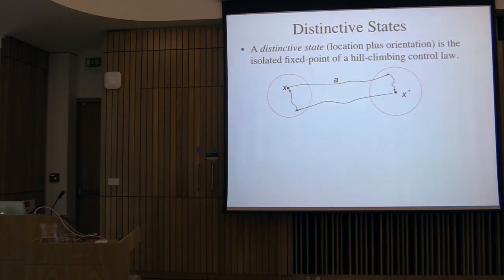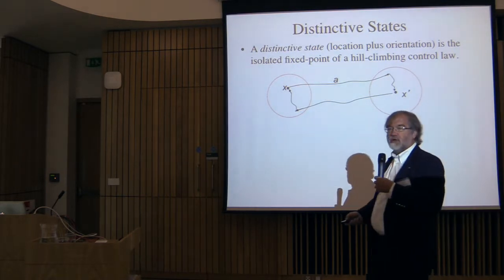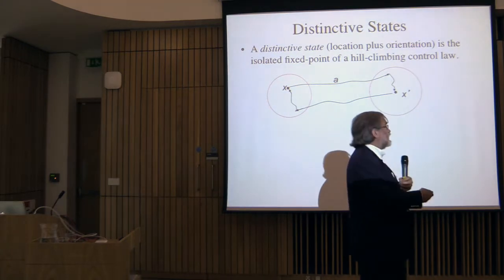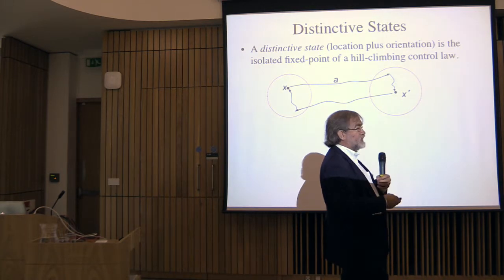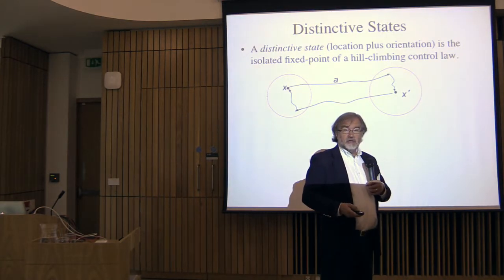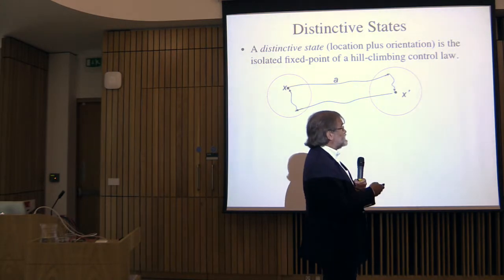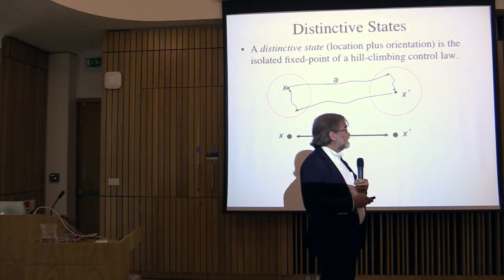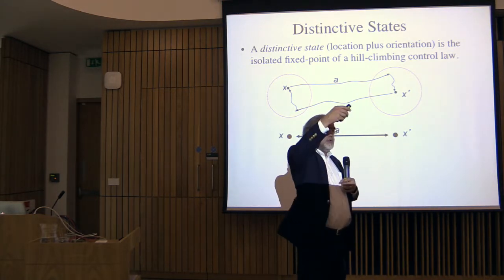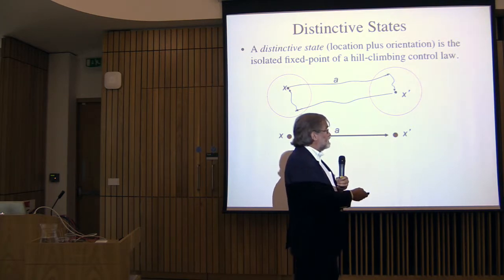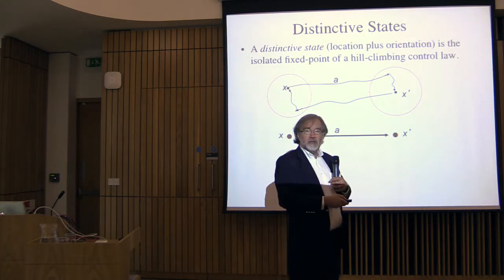So now suppose I want to go back. So now I'm going to follow the right-hand wall for a while. Now, as we see here, there's a certain amount of error. Any action on the part of a robot is going to have some sort of error. I get into this basin of attraction of this distinctive state, and so I hill climb and I get to that distinctive state. Now, once I have that pattern of behavior, that authorizes a kind of abstraction to places. So now I have a far simpler model of that area.